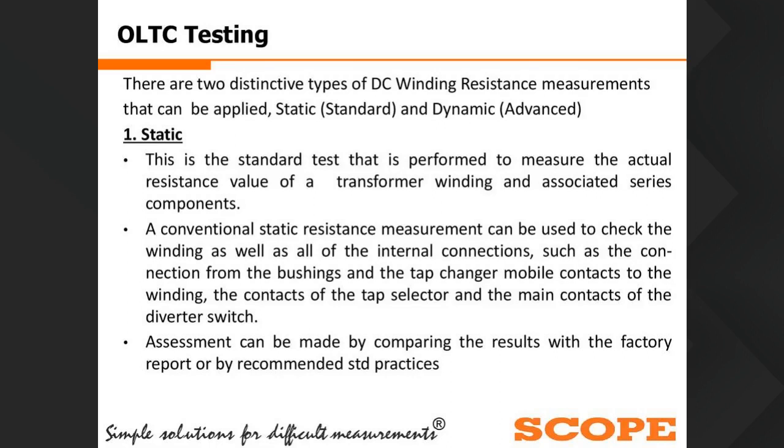The conventional static winding resistance measurement is used to check the winding as well as internal connections, such as the connections from the bushings and the tap changer mobile contact to the windings. Assessment can be made by comparing the results with the factory results and with recommended standard practices.